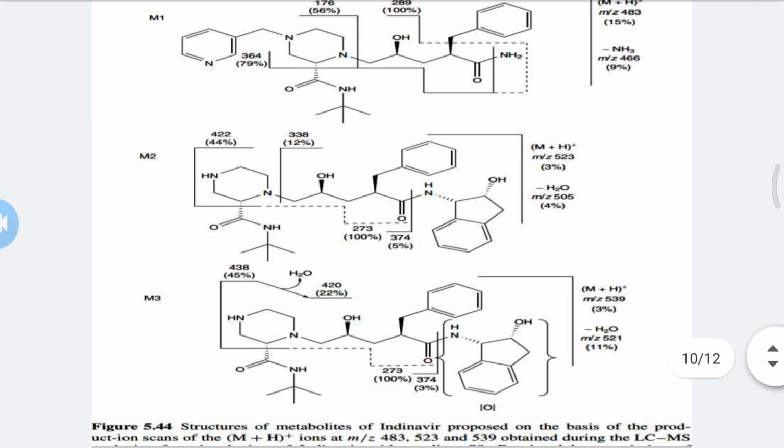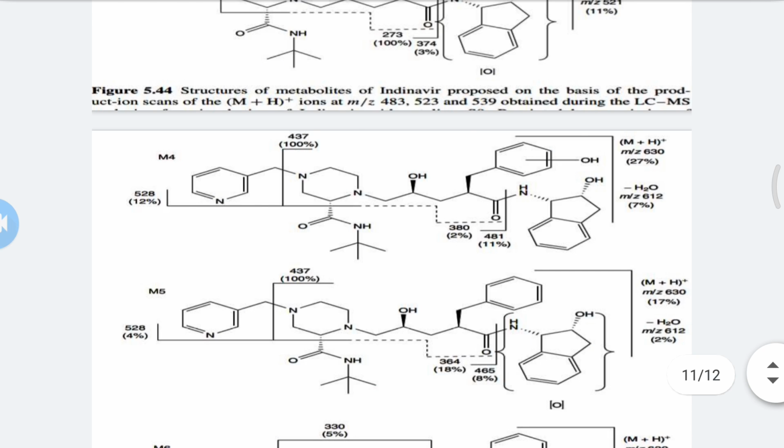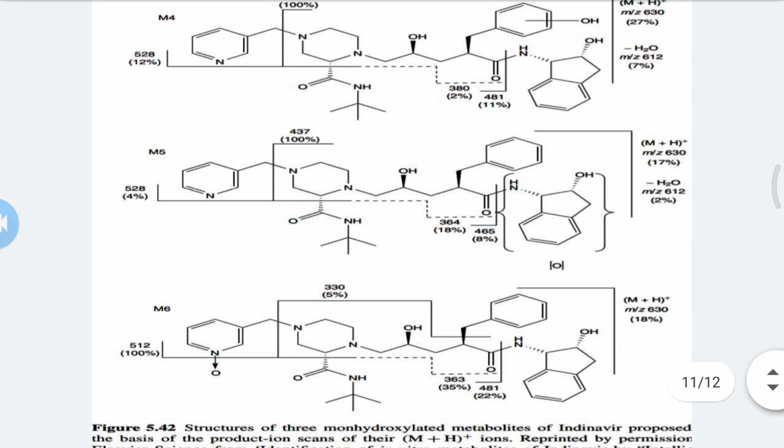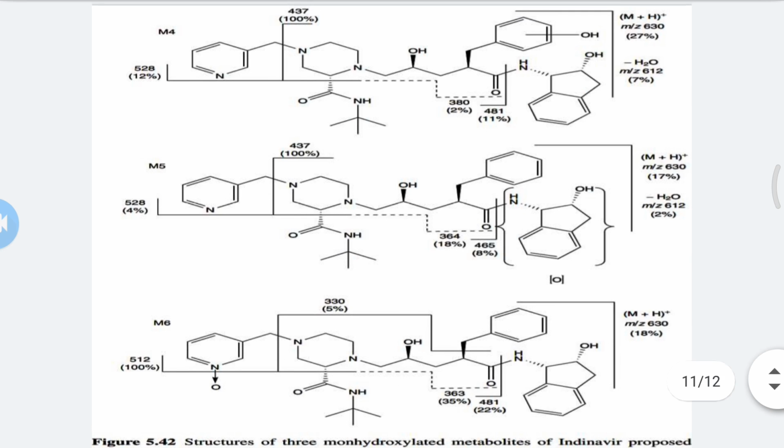Similarly, M4 fragmentation takes place. The MSMS data from metabolite M4 shows a series of ions, that is m/z, mass-to-charge ratio, 481, and its molecular ion is 630.